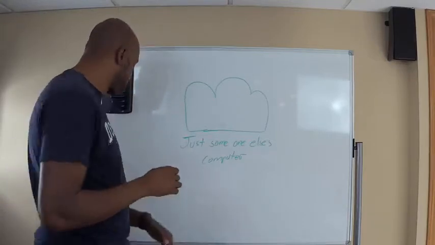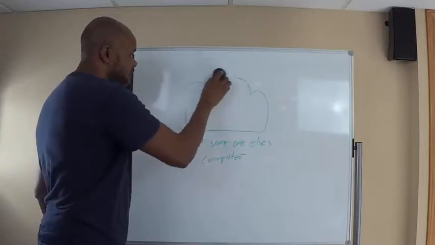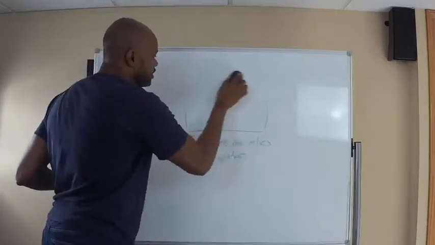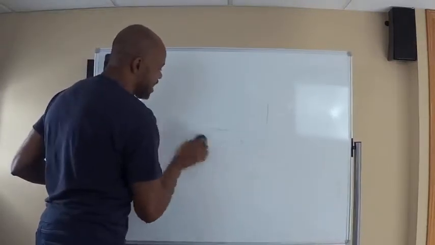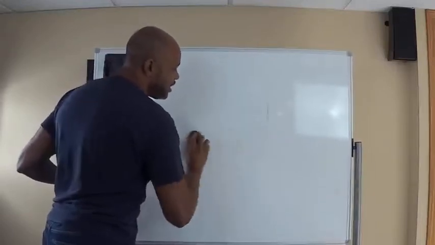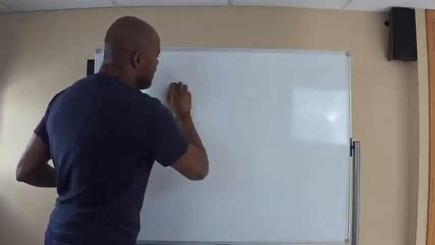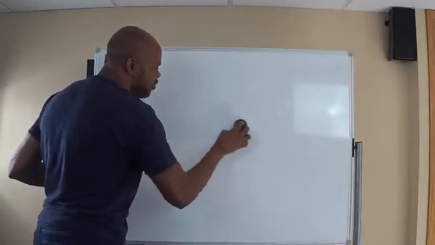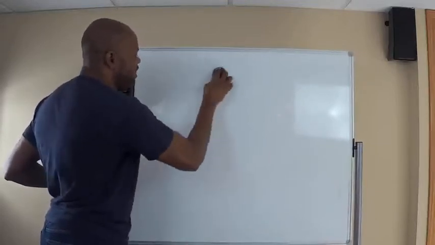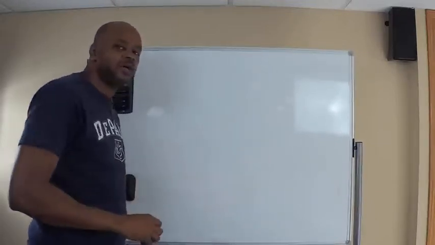So let's talk about first why the cloud is more than just someone else's computer and why we need to actually consider the impacts of moving applications, specifically older applications or older application architectures to the cloud.